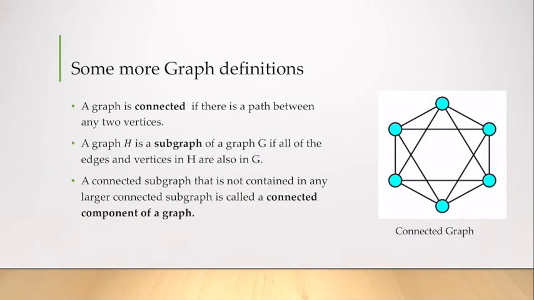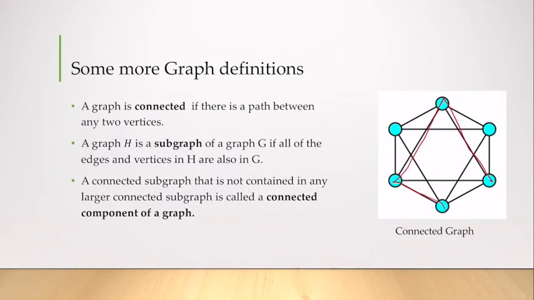So just some final graphing definitions. A graph is connected if there's a path between any 2 vertices. It doesn't mean those 2 vertices have to connect exactly. That would be a complete graph, but it just has to be a path. So here's an example of a connected graph because I can get from any vertex to another vertex.